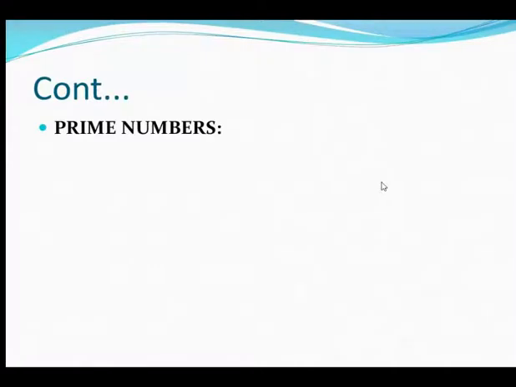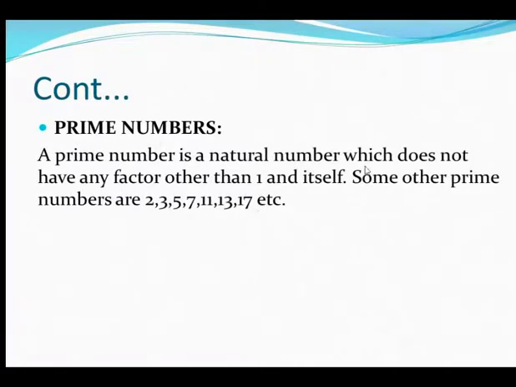Then we are having prime numbers. So what do you mean by prime numbers? A prime number is a natural number which does not have any factor other than 1 and itself. Only 1 and the number itself is the factor for a prime number.